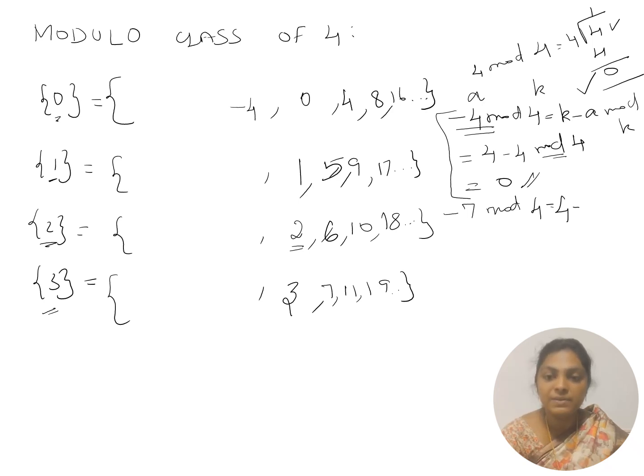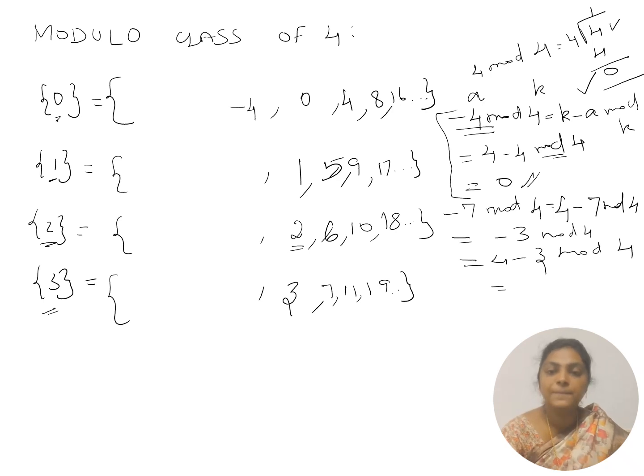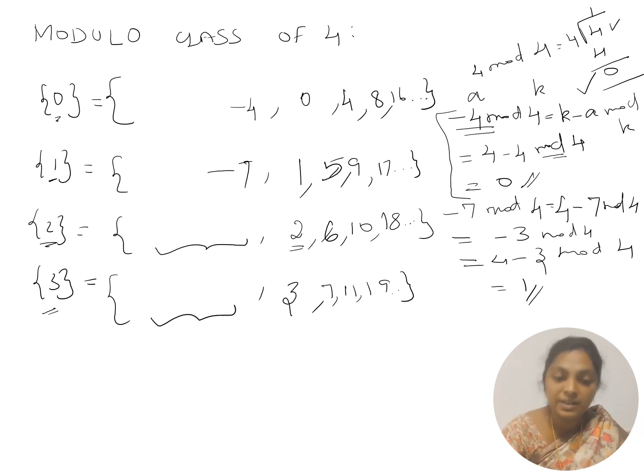So K minus A, which is 4 minus 7 mod 4, will be minus 3 mod 4. Again we have to perform it, so it is 4 minus 3 mod 4. The remainder is 1, and so minus 7 belongs to the residue class 1. This is how we will find the negative numbers for every residue class. We'll see the next example.